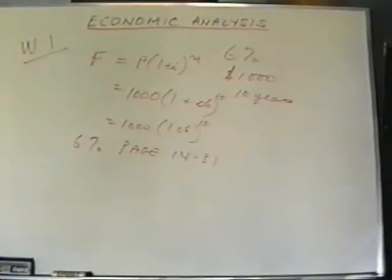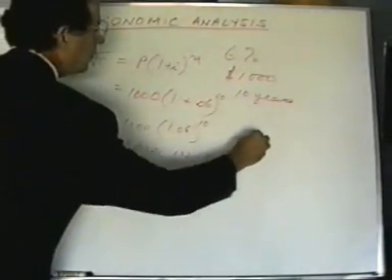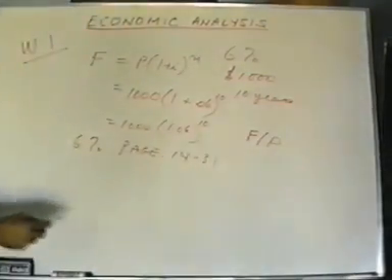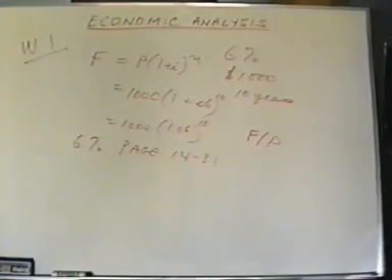So I go over to page 1431 and I locate in the N column N equals 10 for 10 years. And what we're doing in this particular problem is we're converting over to a future value.